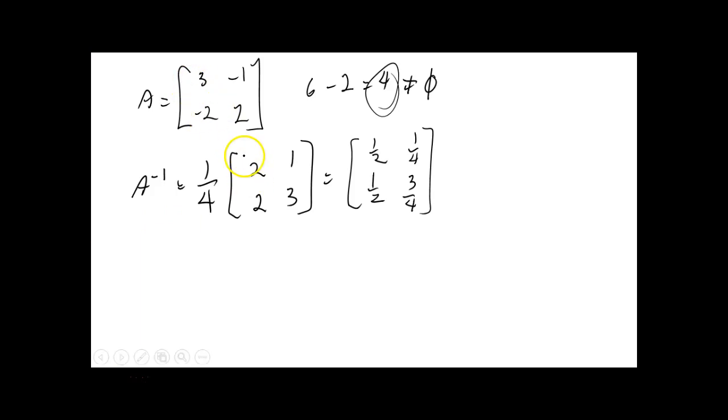I'm going to get these lines out of the way so they're not so confusing. A times A inverse is going to be a 2 by 2, right? No question there. So the 1, 1 entry would be the first row of this one times the first column of that one.